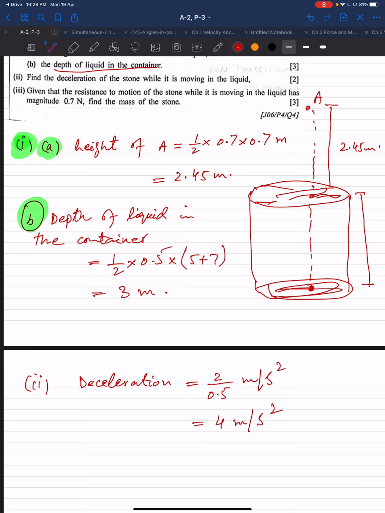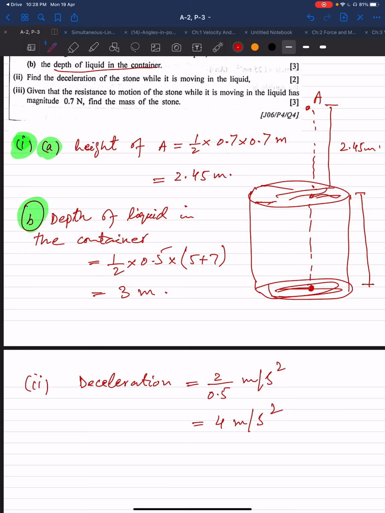So you got the deceleration. When you are writing the deceleration, you are not going to write the sign with it. If you are writing acceleration, then you put the negative sign, you write -4 instead of 4. But when you are writing deceleration, you are not going to write -4 meter per second square.